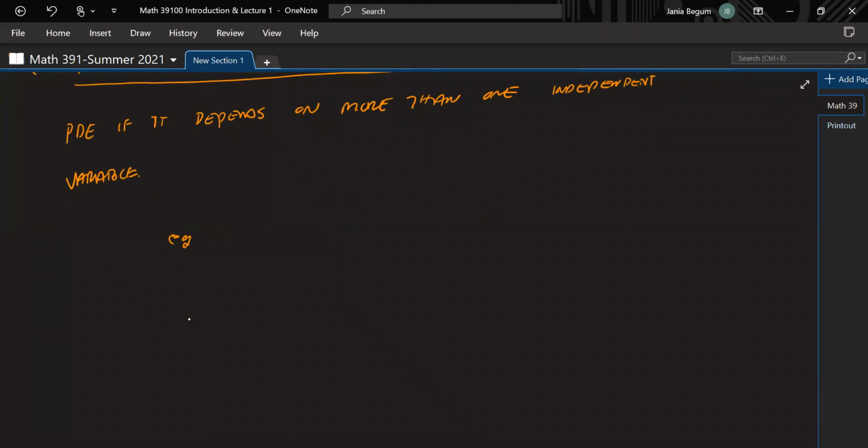You can think of it as, say, partial u over partial t plus t squared is equal to partial squared u over partial x squared. This is considered a partial differential equation because you have two independent variables, which happen to be t and x, okay? So any questions on these two definitions?